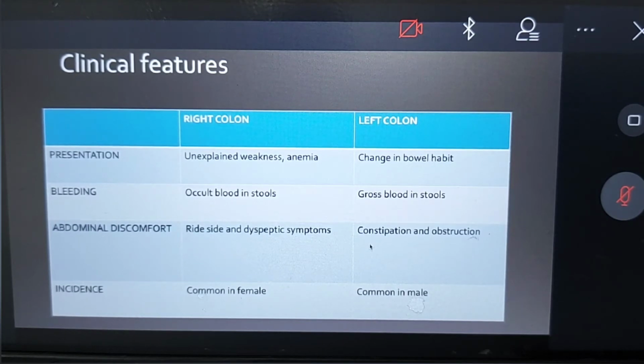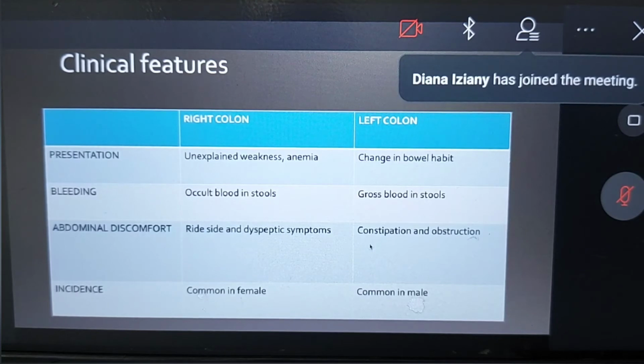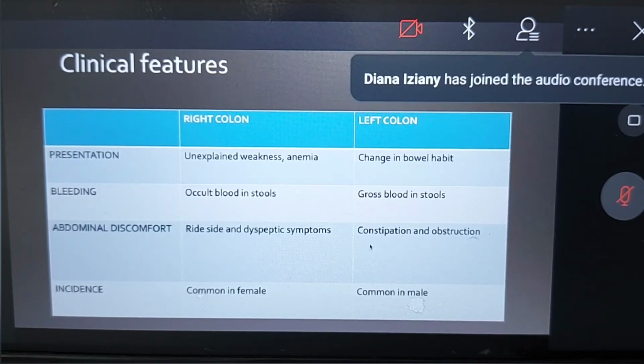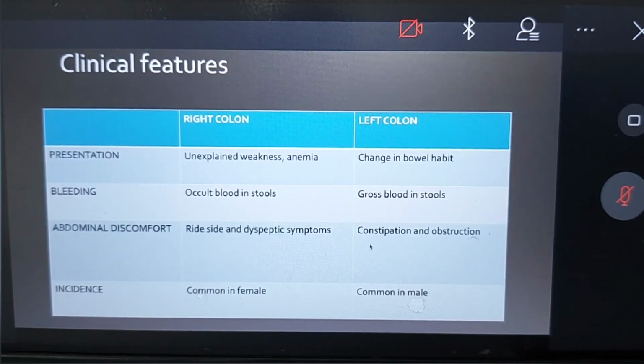So the obstruction is more common in the left colon because the left colon is more narrow and the feces is more solid. So the incidence is, right colon is more common in female, while left colon is more common in male.